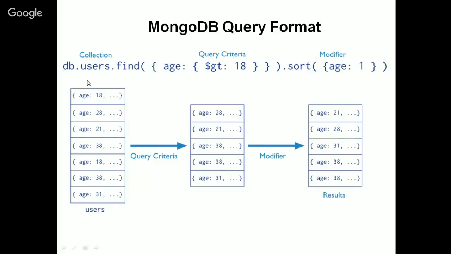The statement style or syntax is like this: db.users.find, where db is your database and users is your collection, and then age $gt 18, meaning greater than 18, and then age 1, which means we want to sort by age. So this is the writing style in MongoDB.